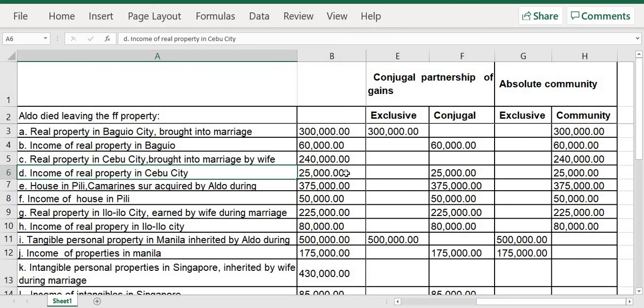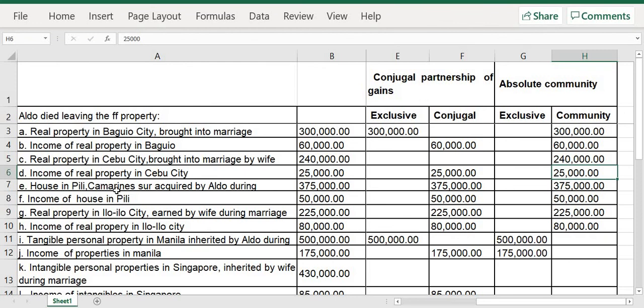Remember, under conjugal partnership of gains, lahat ng fruits or income ng exclusive or conjugal properties, magiging conjugal property yung income or yung fruit. Under absolute community of properties naman, the fruit follows principal. Dahil yung real property is community property nila under absolute community of properties, then yung fruit nun is magiging community property din nila.